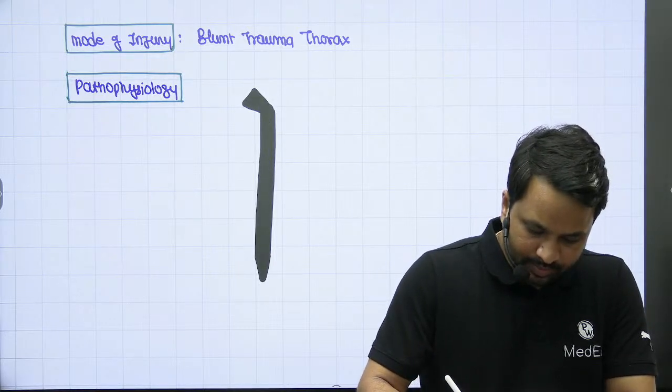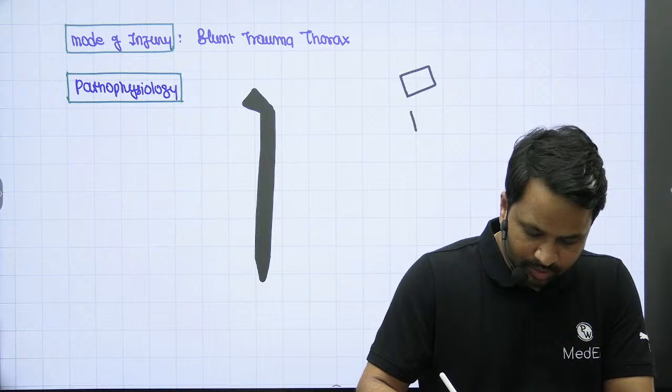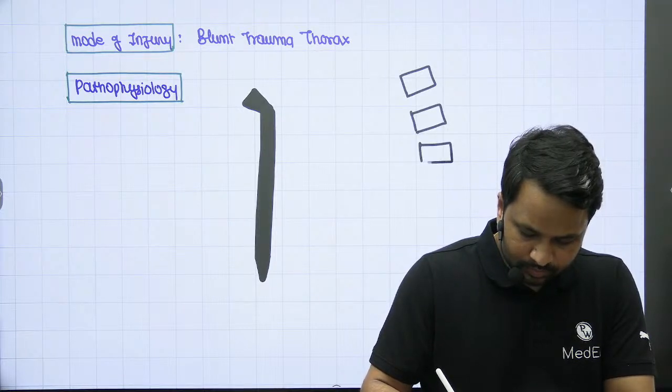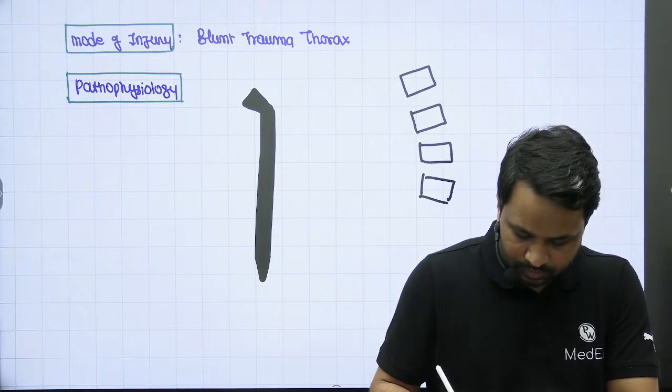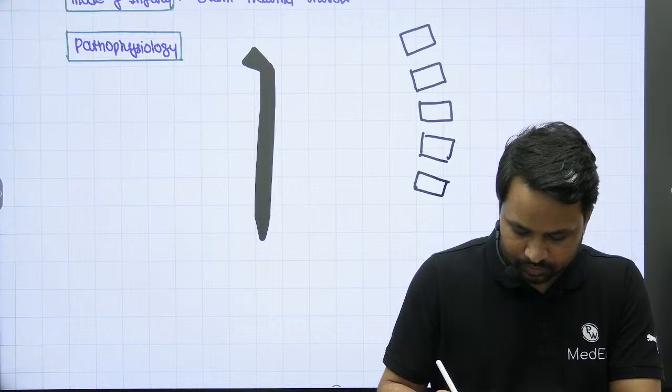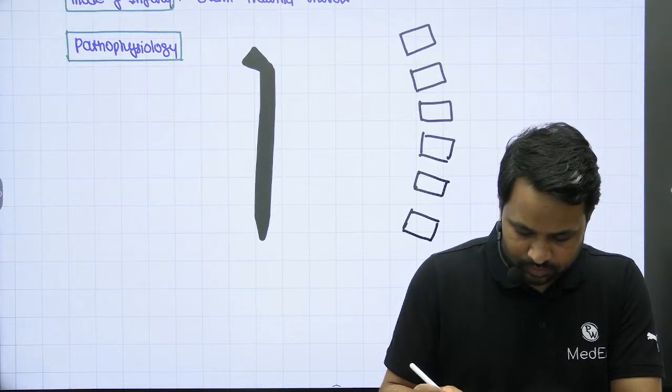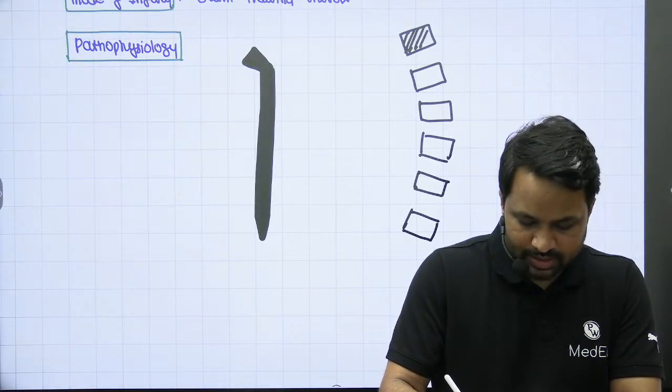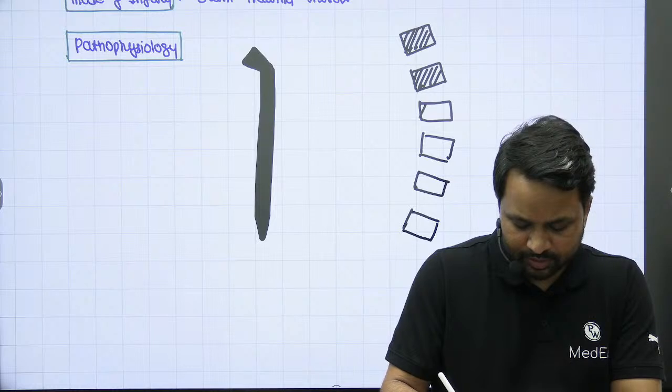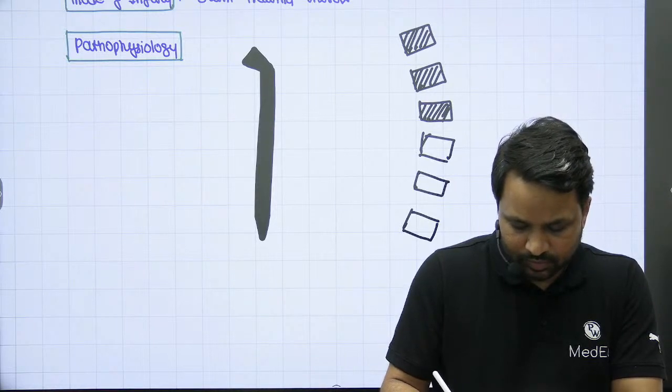And let this happen to be the vertebra. Let's say this is the thoracic vertebra that is present here. I'm giving a lateral view just for the sake of understanding.